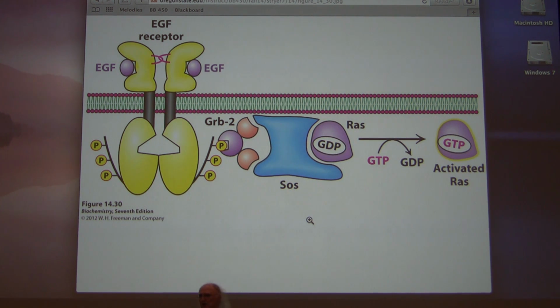A proto-oncogene is a gene whose protein product, in this case RAS, plays some central role in an important cell decision. In this case being growth, and commonly growth and division are the important roles that proto-oncogenes play. Your body is full of proto-oncogenes because your body has to control cell division. All right?